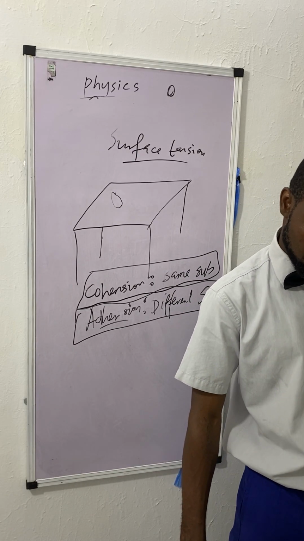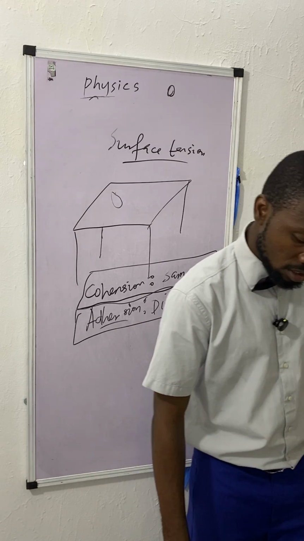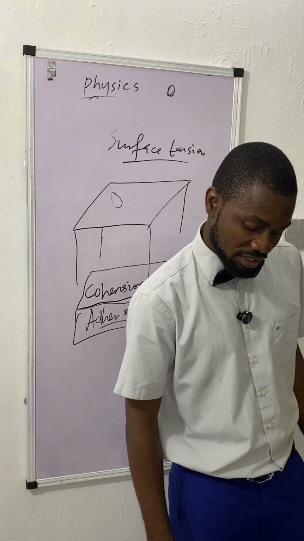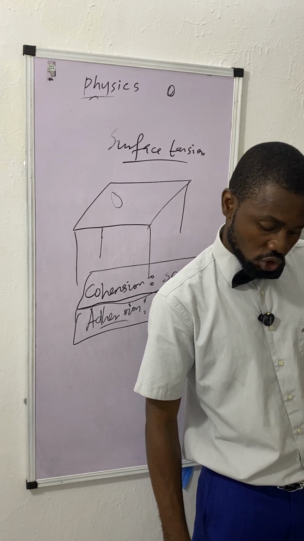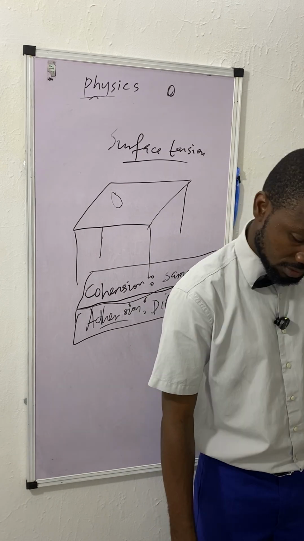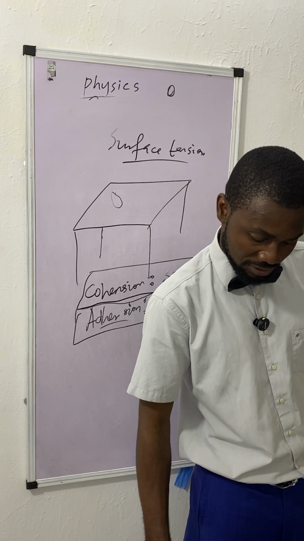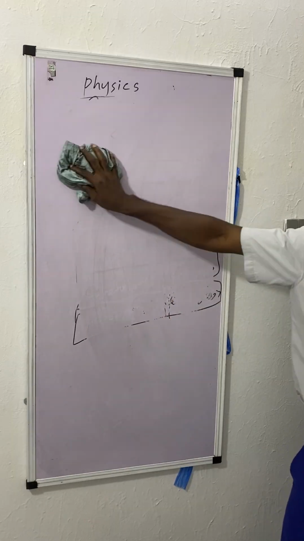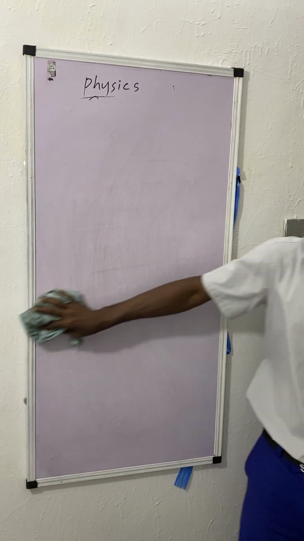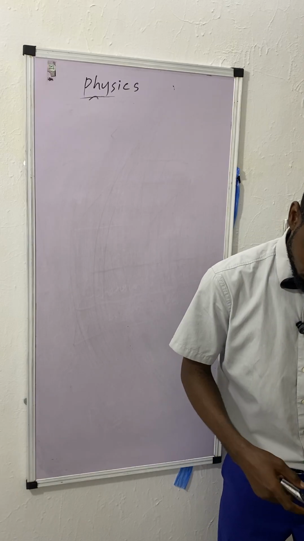Let's look at heat transfer. We have three major types of heat transfer: conduction, convection, and radiation. This is our final topic for this part, and we are going to look at the Thermos flask thereafter. Looking at the methods of heat transfer, we start with conduction.